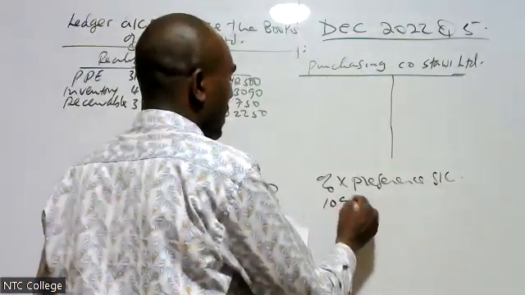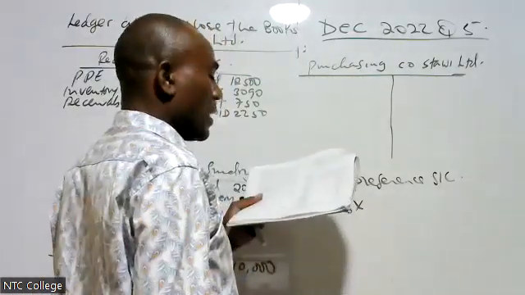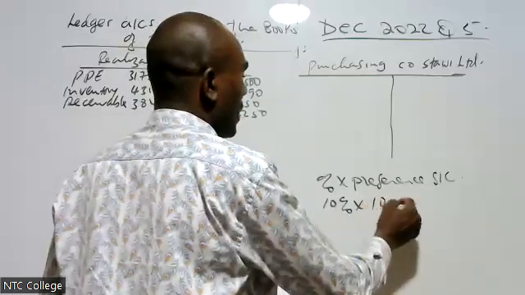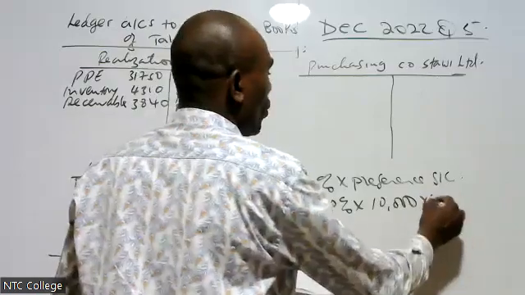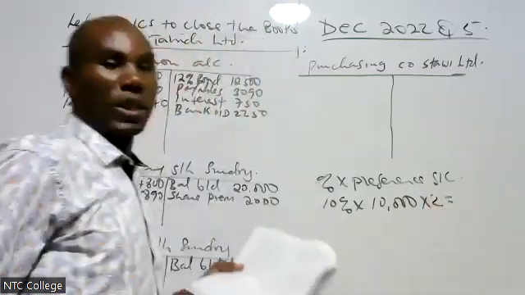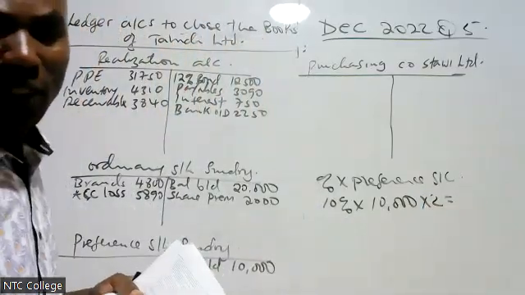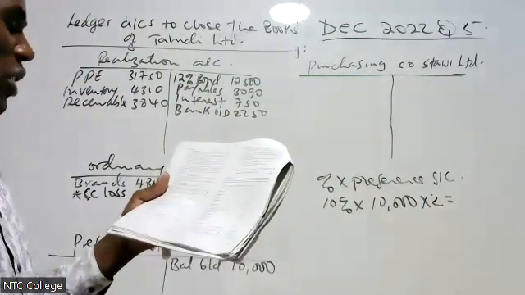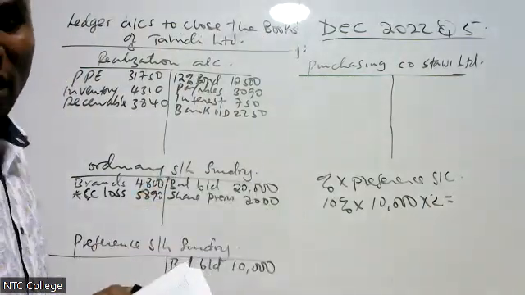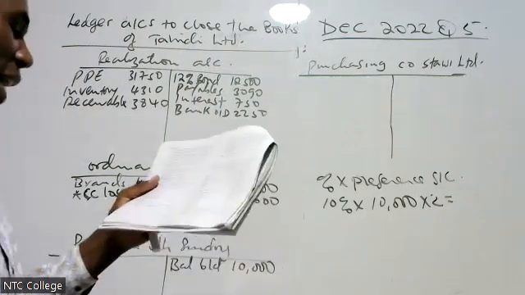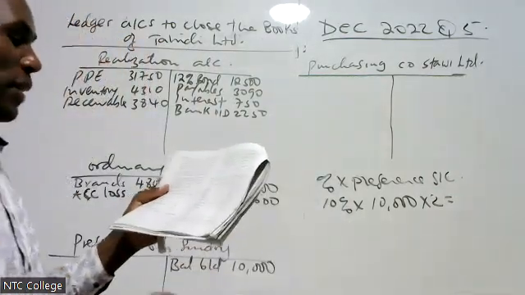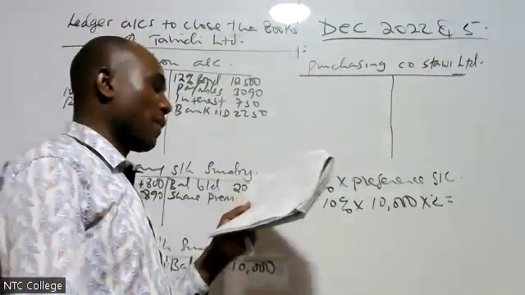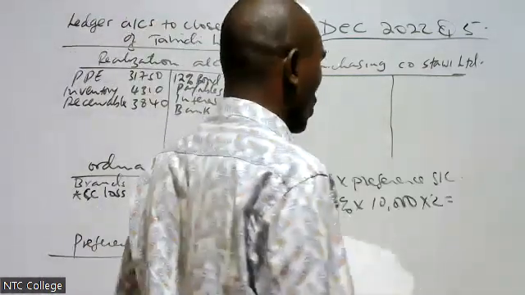It is 10% times how much is the capital? 10,000. And it was how many years in arrears? 2 years in arrears. Where did you get accumulated loss? Check retained earnings in the balance sheet. Florence, check the retained earnings in the balance sheet, then you will answer that question yourself.